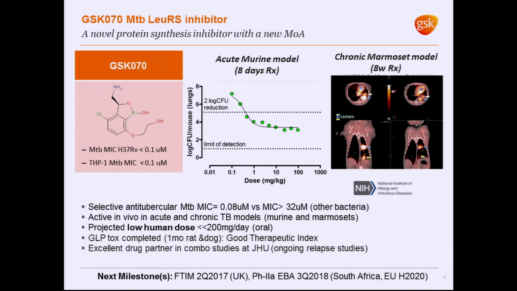So our new molecule that I was just alluding to, GSK-070, is a potent, selective anti-tubercular with low MICs, selective for TB, inactive against other bacteria. It's active in our acute and chronic in vivo models.